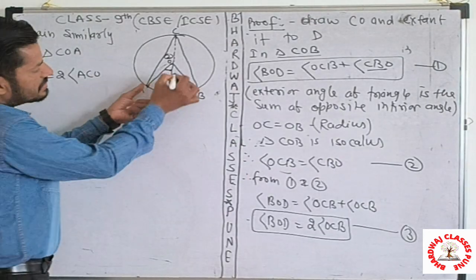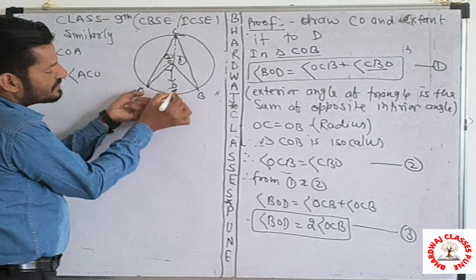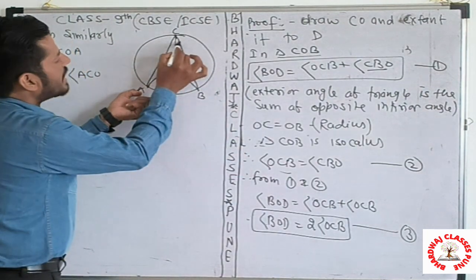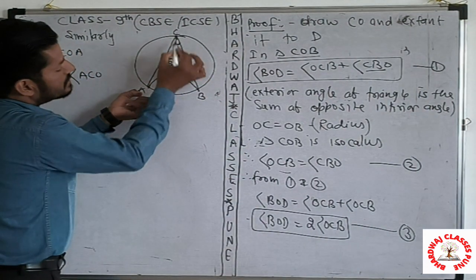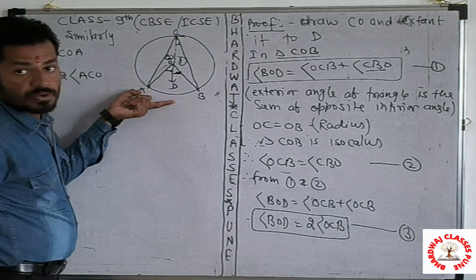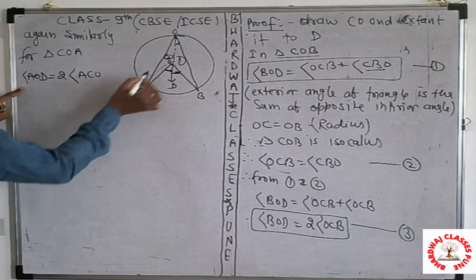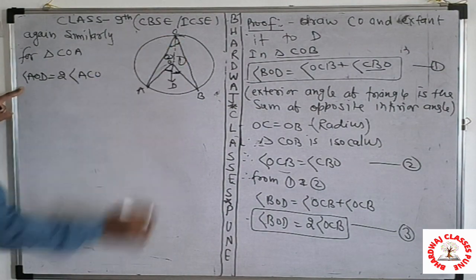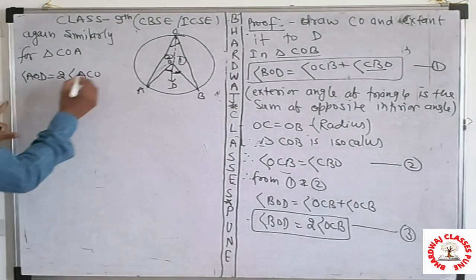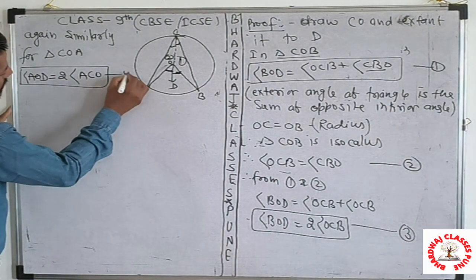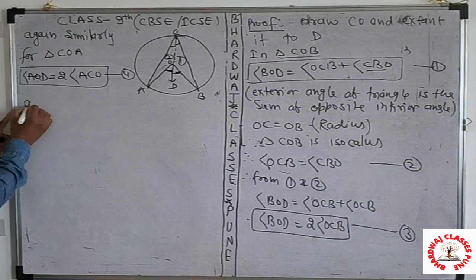As in the first triangle we already proved that angle BOD is twice angle OCB, similarly angle AOD is twice angle ACO. This is your equation number 4.